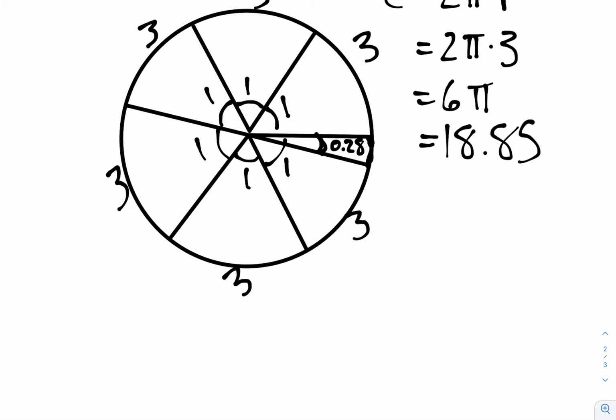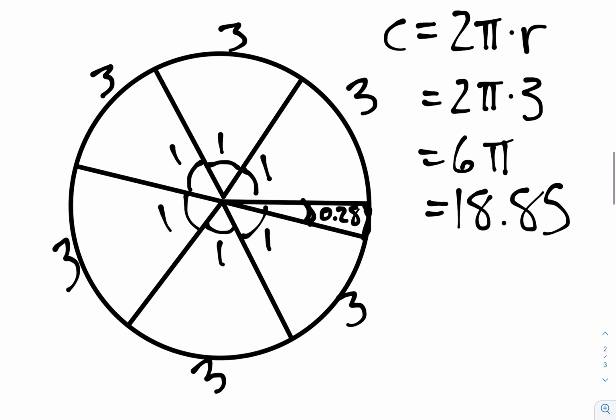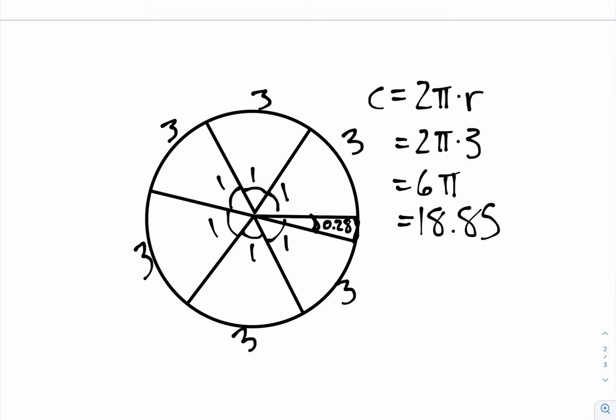We're not going to get an exact value, but you kind of get the idea, right? So if we just keep adding all these up, we're going to be able to get close to what the actual circumference is by using the radian method.